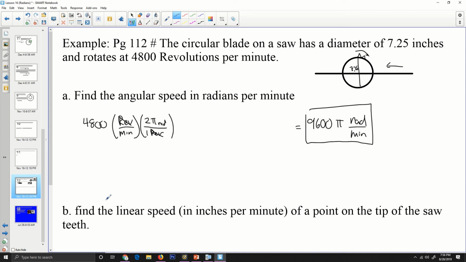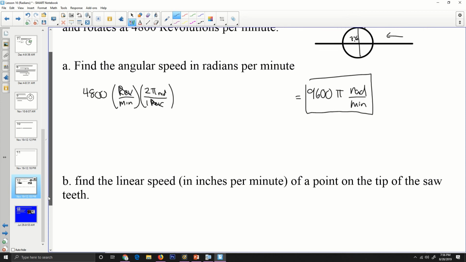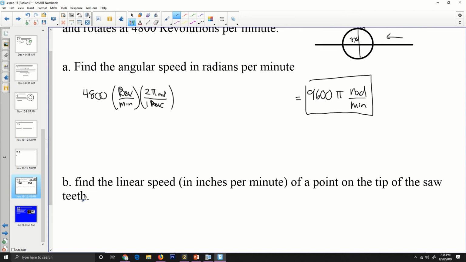Then it says find the linear speed in inches per minute of a point on the tip of the saw. If this is a point right here, they want to know the linear speed of that point, how fast it's going. We're going to do something very similar.